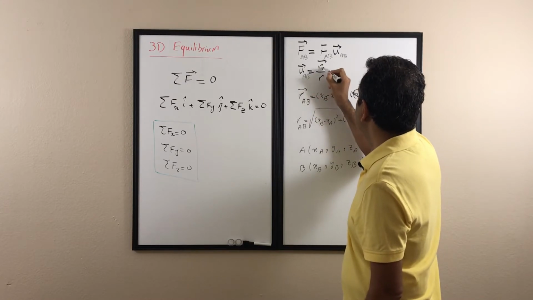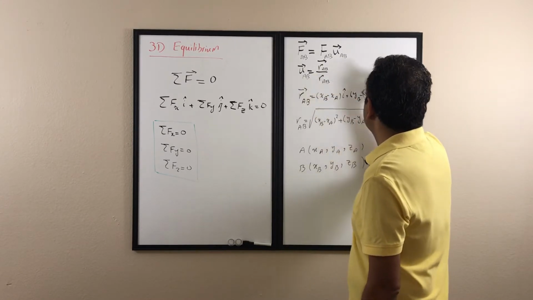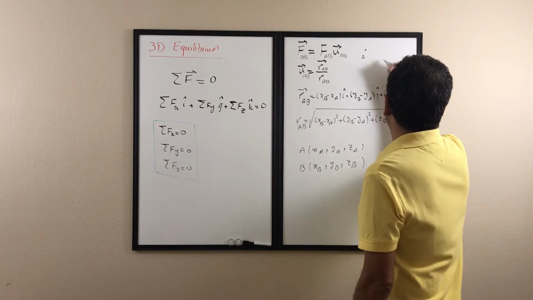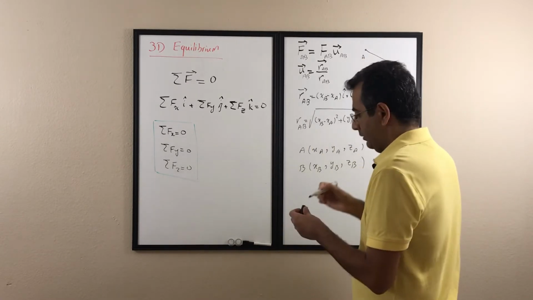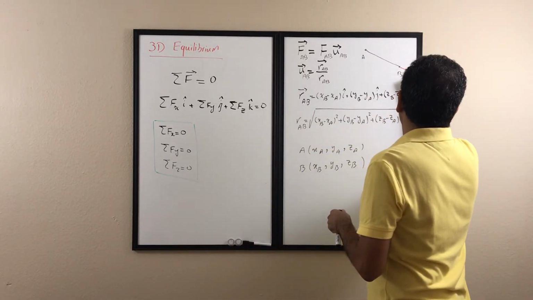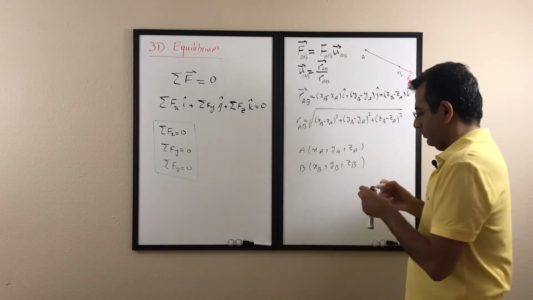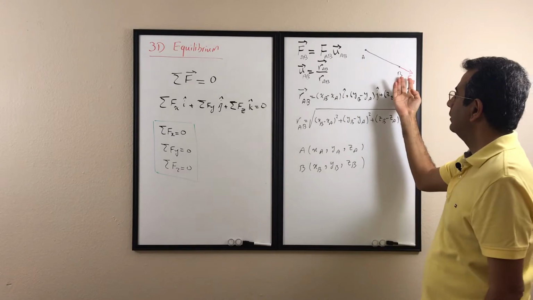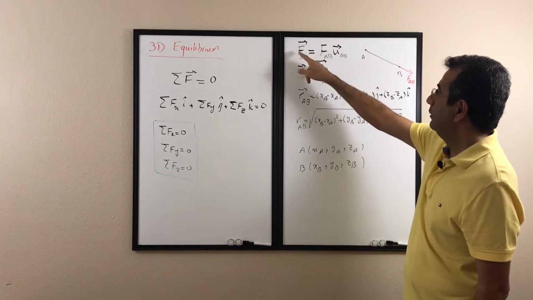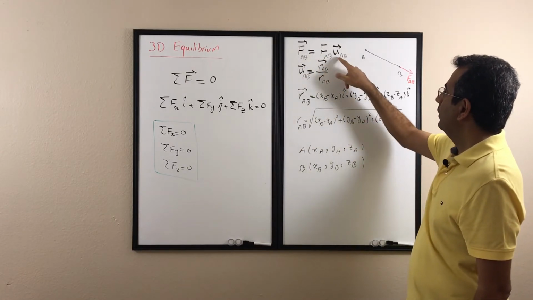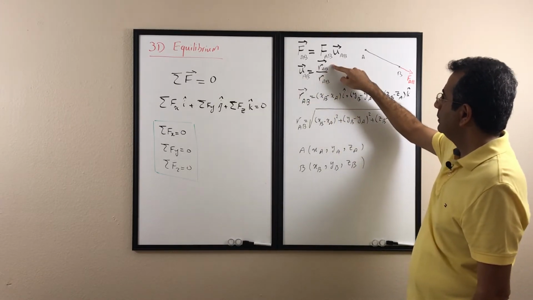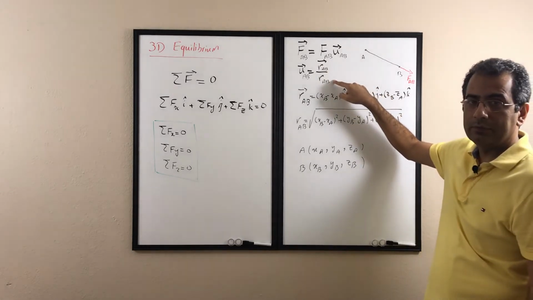For example, if I have a point A and a point B, and a force along that line, this is how I'm going to find the vector F. The vector F along AB is its magnitude times its unit vector, and the unit vector of line AB is the position vector of line AB divided by the magnitude of the position vector.